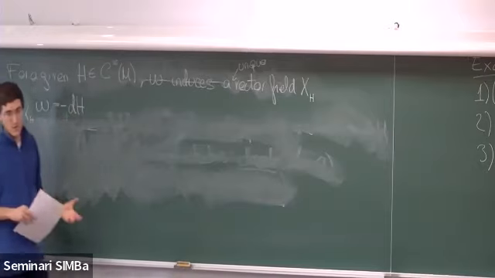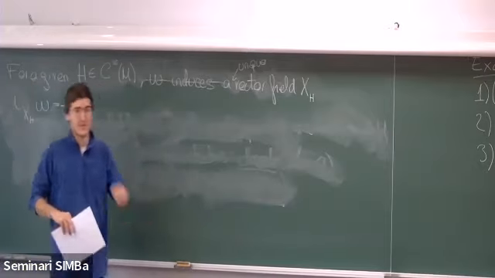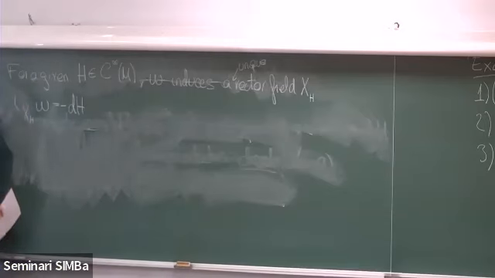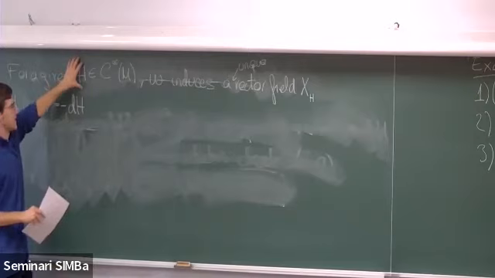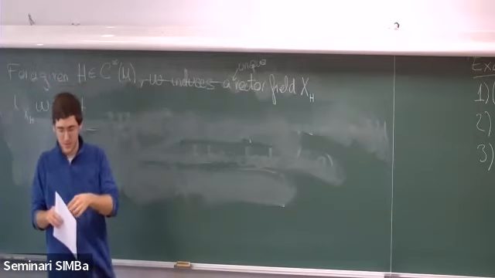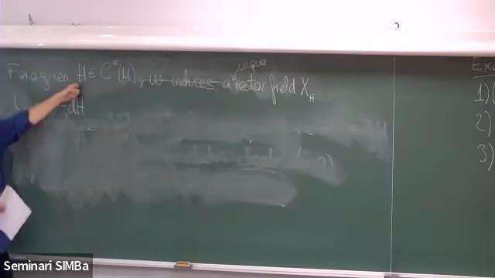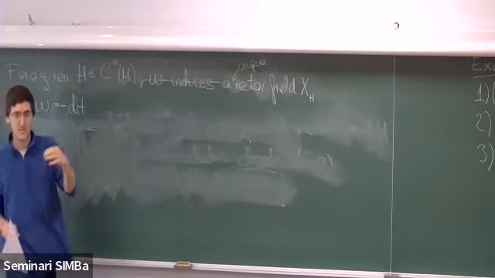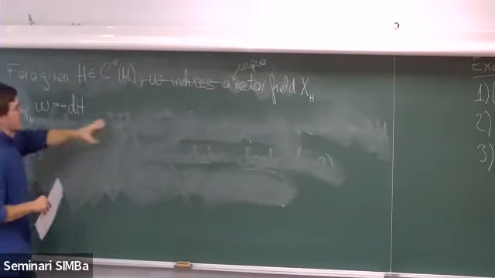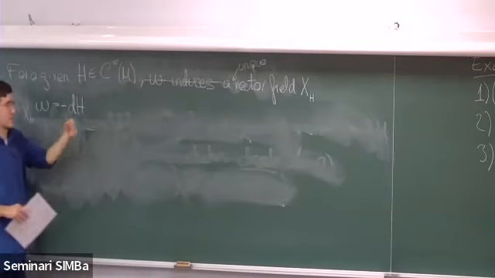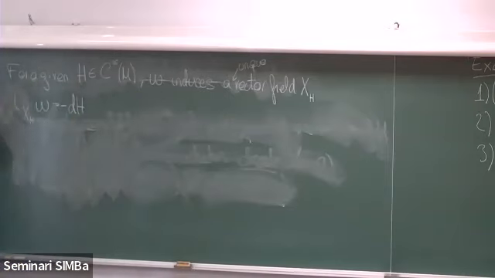We can compute its flow, and the flow of this vector field is the trajectory of the particle of the system, if you want. The flow preserves H, which is essential. So if a particle moves along the flow lines of the Hamiltonian vector field of H, the quantity H will be the same during the whole trajectory. And also, the symplectic form will not change along this trajectory, which is also important because the structure of the manifold has to be the same along the trajectory.